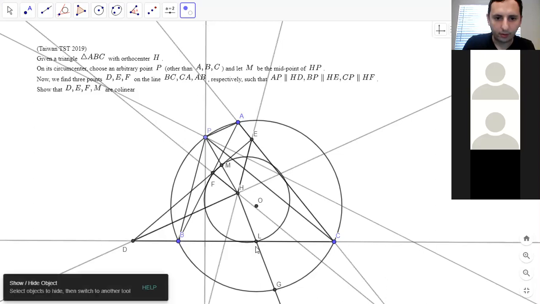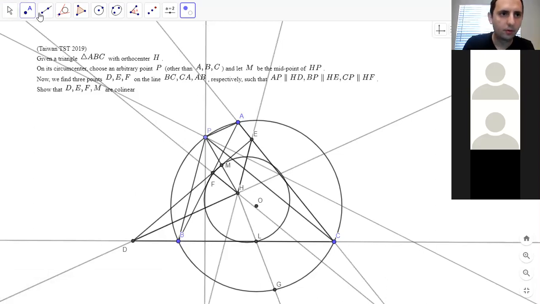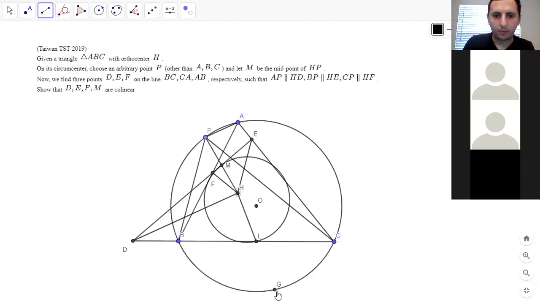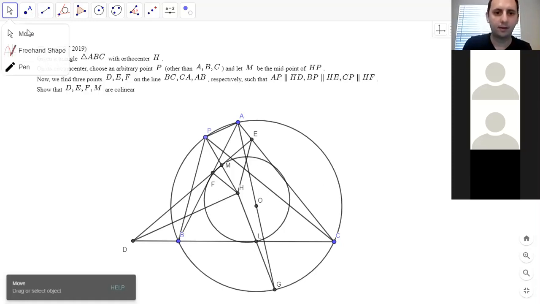L is the midpoint of BC, and it's a well-known fact. Oh, I now see it. So LM is parallel to PG, and that's why LM is perpendicular to AP.